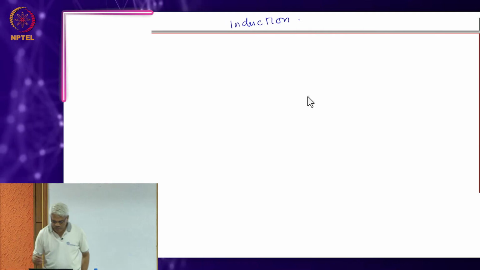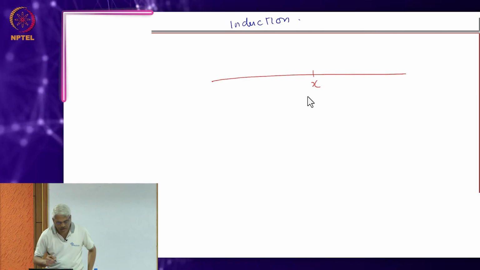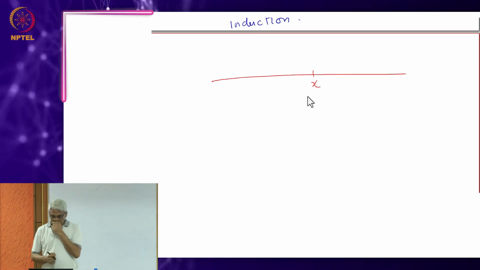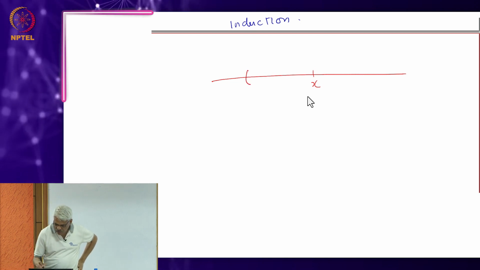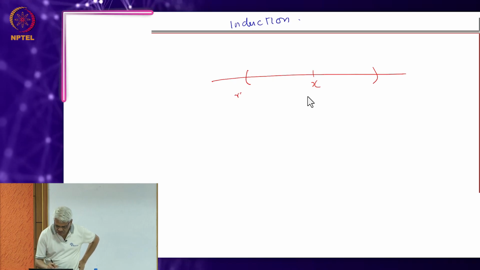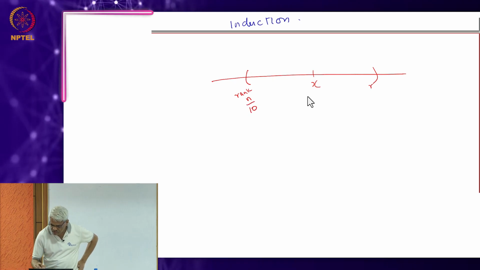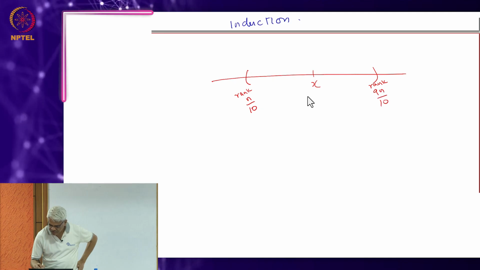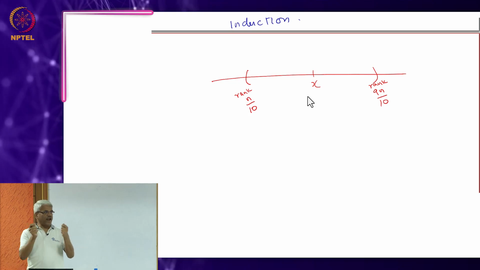Right? So I have this, and my x, which I pick uniformly at random, some element. And what is the probability that, let's say this is some rank n over 10 and this is rank 9n over 10. Okay, I hope you all understand what rank means, right?